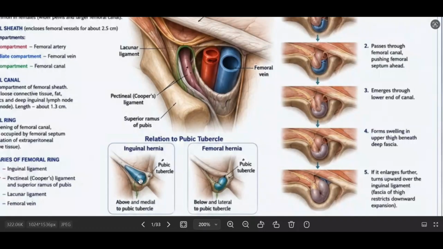But what happens in the case of the femoral hernia? The femoral hernia lies below and lateral to the pubic tubercle. You can remember it as PTFH: pubic tubercle, below and lateral to the pubic tubercle, femoral hernia.